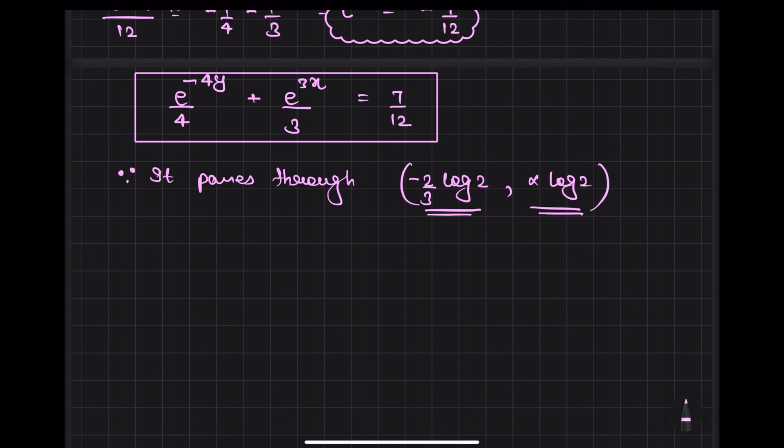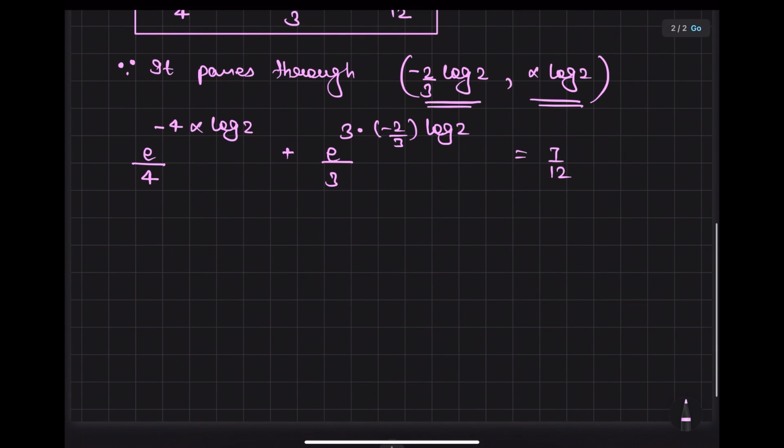So we got e power minus 4, this is y, alpha log 2. Let's substitute, later we will calculate. Now plus e power 3, and then we have x, minus 2 by 3 log 2, by 3 equals 7 by 12.